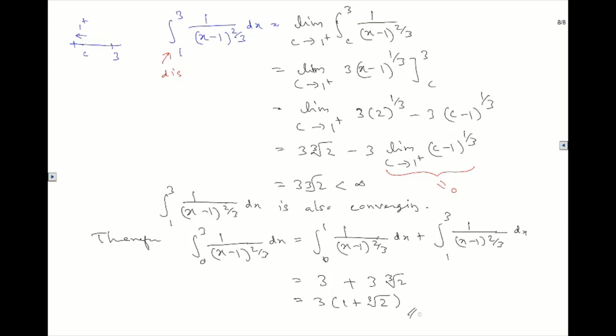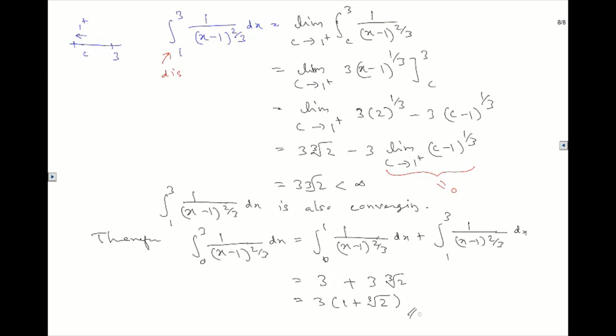Good, but you can see that we don't know until we split the integral, because if you just by mistake did not worry about the discontinuity, and tried to integrate from 0 to 3, sometimes you get the answer, sometimes you do not. For example, in the last case we did not get the answer, but here you can see that you're going to get the answer.